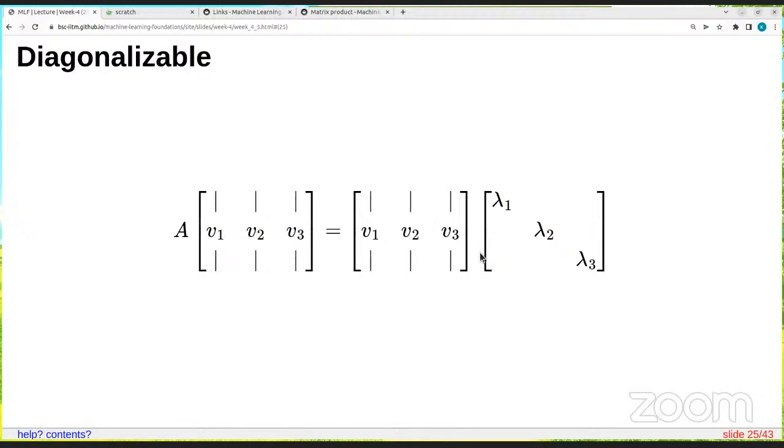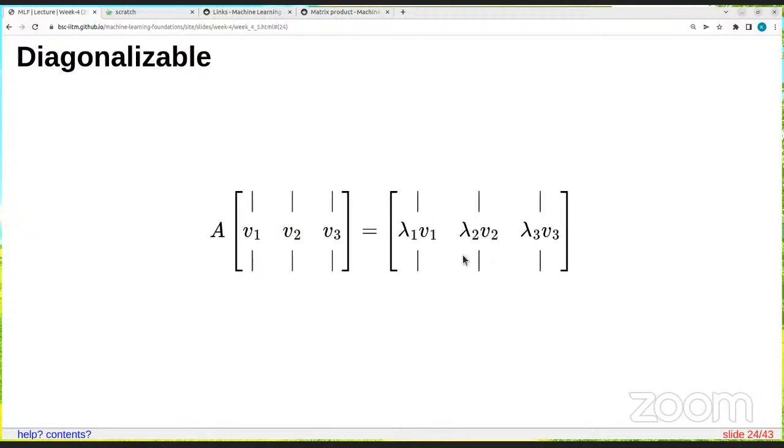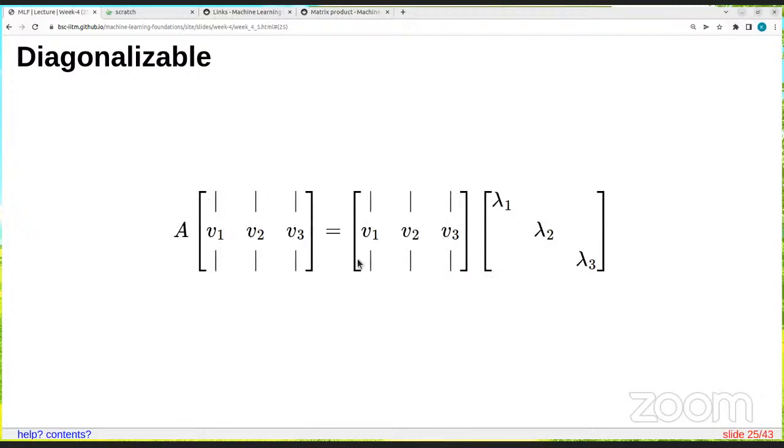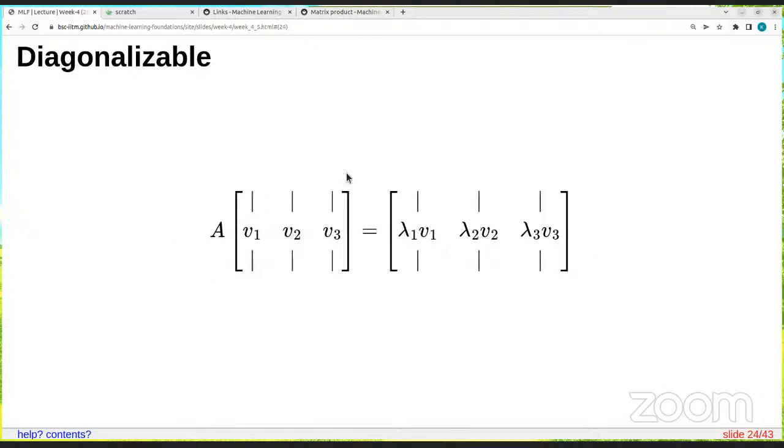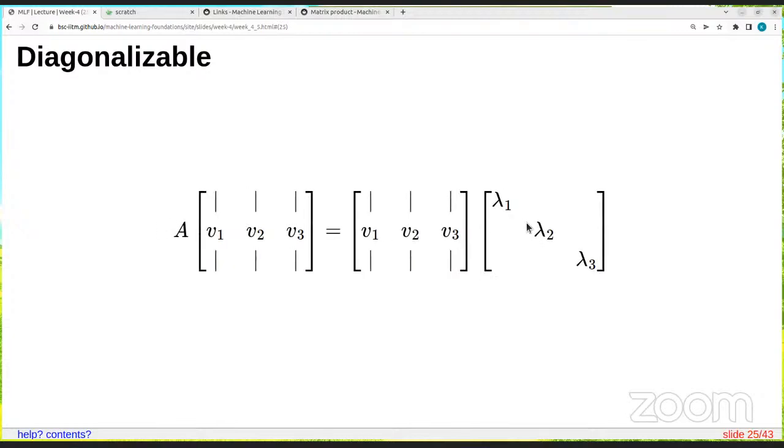Is this clear to everyone? Okay, so V1, V2, V3, and then this is just a diagonal matrix. If this is not clear, you can go and work it out. It's not too hard. If you spend a little while, you will be able to figure out why this works, how you can decompose this into this.